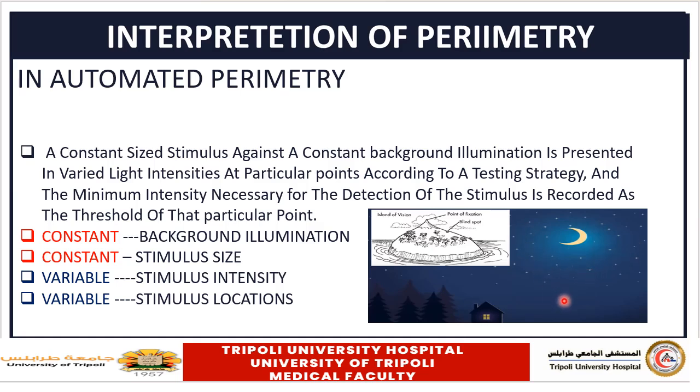However, at night, because of the difference in illumination between the stars and the background, you see them very clearly. So these are the principles of static automated perimetry: we use constant background illumination with constant stimulus size. However, we use variable stimulus illumination and variable locations.